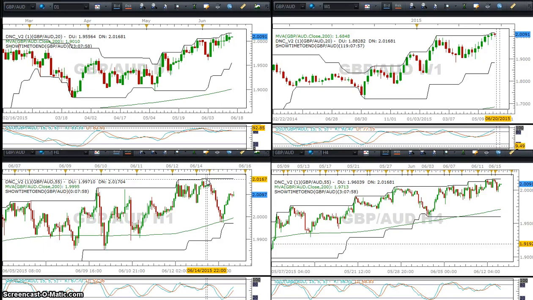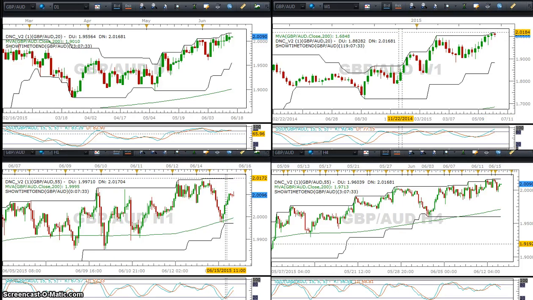So if and when a price alarm goes off at that 2.0169, 2.0170 level, I want to see if the pound is strong across the board, because if it is, that's going to give me a greater likelihood, not a guarantee, but a greater likelihood of a successful trade.